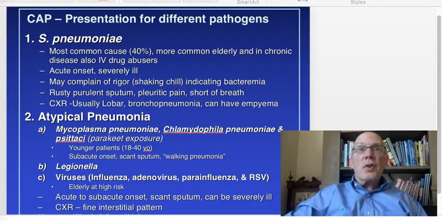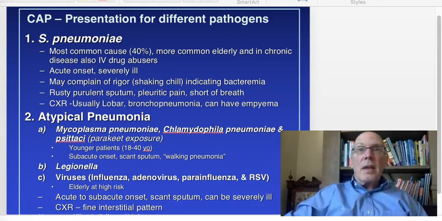The pace of illness is usually subacute onset, and there is scant sputum. Disease is often mild, and these pathogens are the leading cause of walking pneumonia. The second group is Legionella, a more severe form of atypical pneumonia, and I will cover this separately.